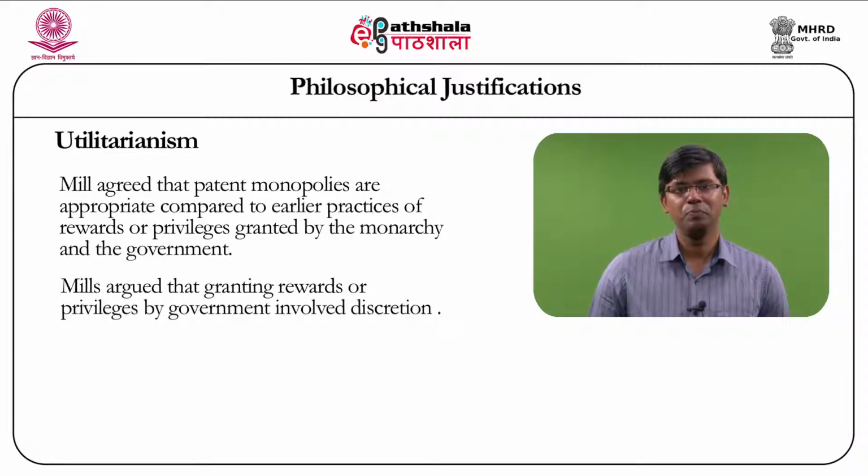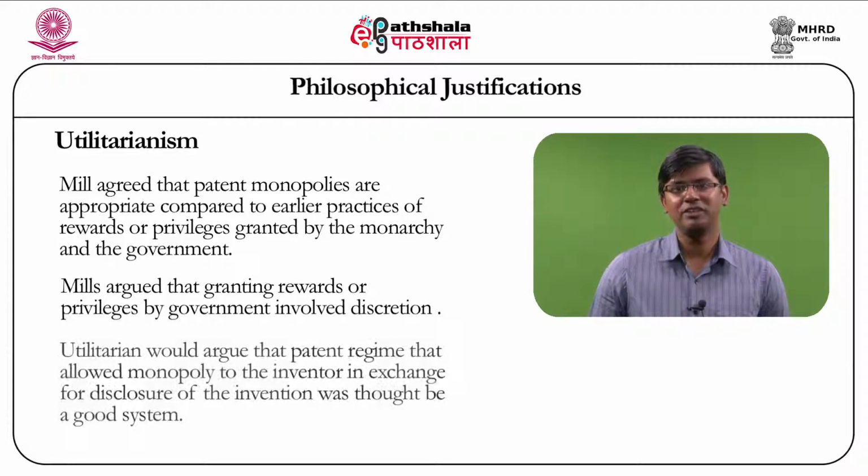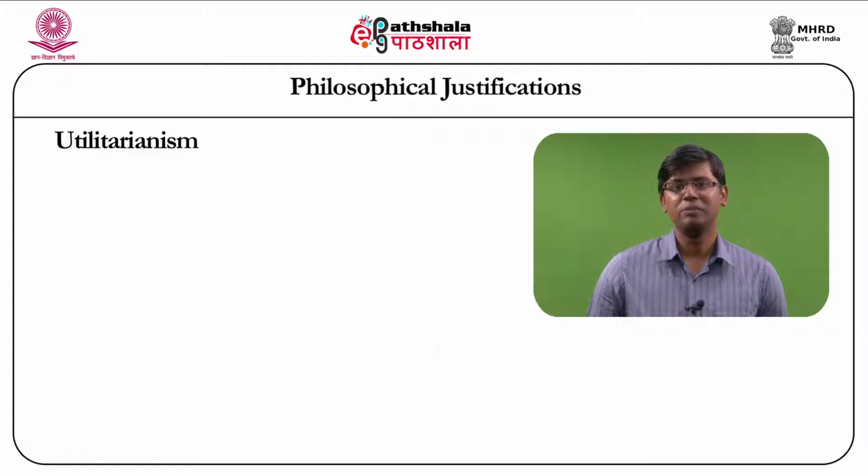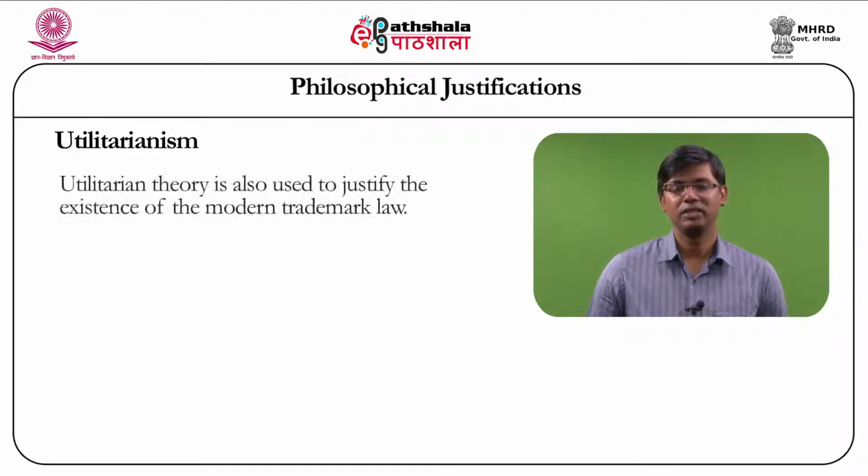So, in effect, the utilitarians would say granting patent monopoly is ultimately a win-win situation because it increases the greatest happiness of the greatest number of people. Similarly, the utilitarian theory can be used to justify trademarks. For instance, let's take the fact that there is no trademark protection.